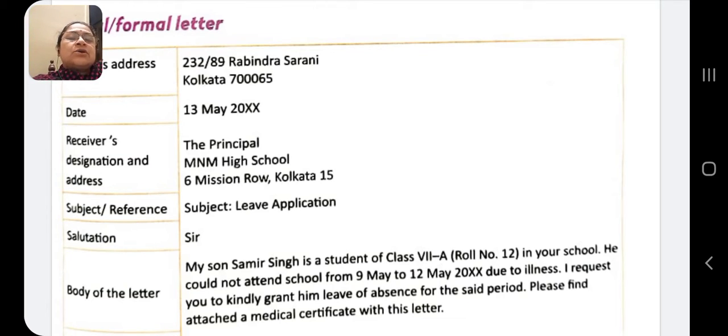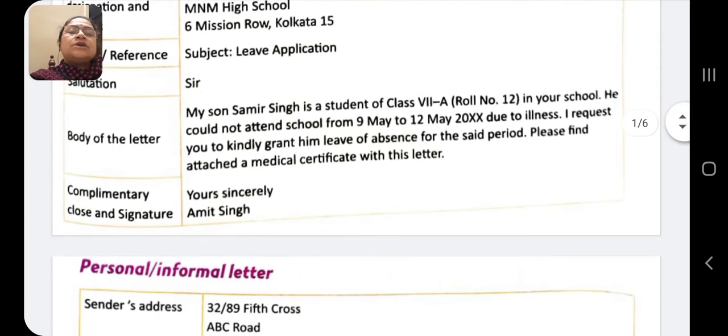Sir, my son Samir Singh is a student of class 7A, roll number 12 in your school. He could not attend school from 9th May to 12th May 2020 due to illness. I request you to kindly grant him leave of absence for the said period. Please find attached a medical certificate with this letter. Yours sincerely, Amit Singh. So in this way, you have to write a formal letter.